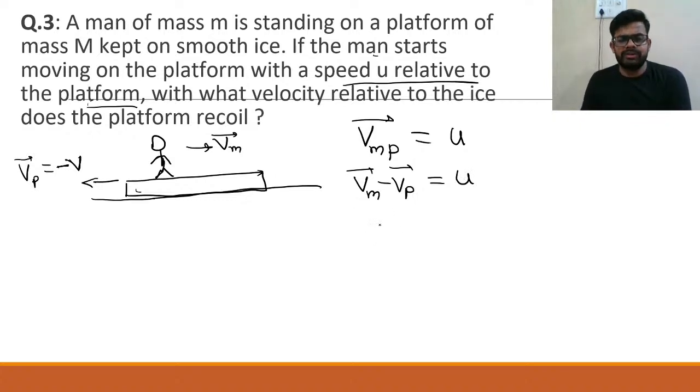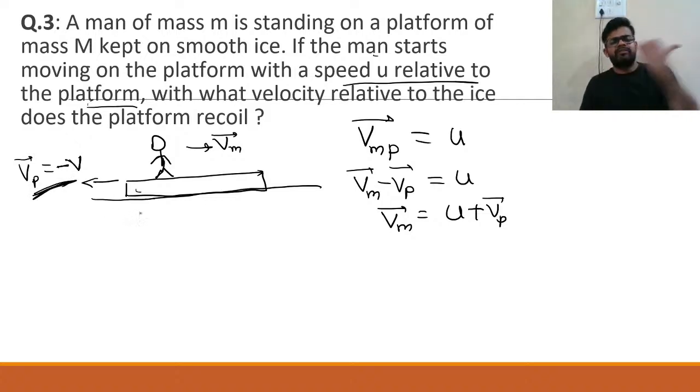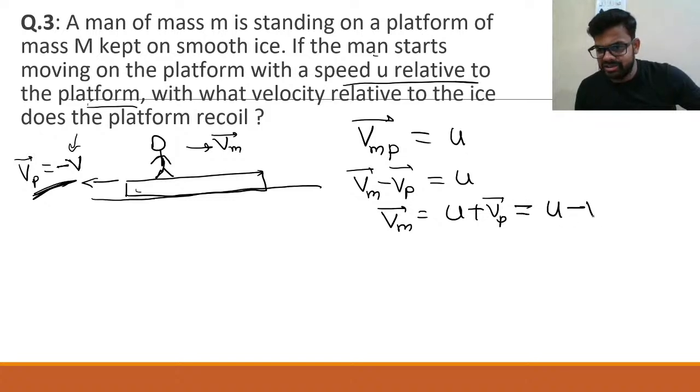So the velocity of man can be written as u plus Vp vector. Vp is in the backward direction, so I will write minus v. So the velocity of man is u minus v, and minus v is the velocity of plank. So we got this much information.